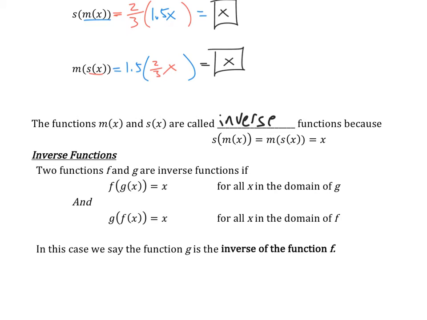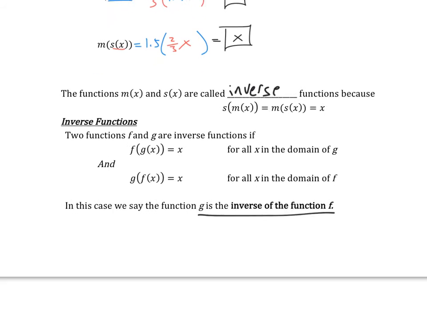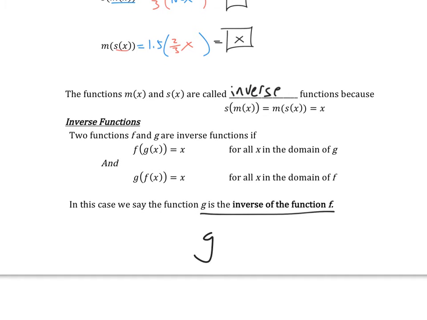They undo each other. All right. So in this case, we can say that the function g is the inverse of the function f of x. And we're going to write that like this. G is the inverse of f. All right. So this little -1 is going to be our notation for an inverse.